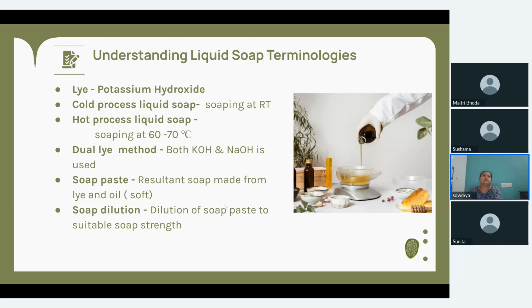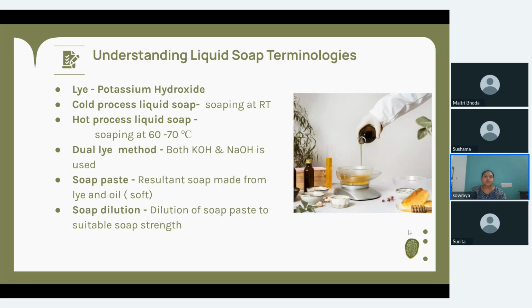There are certain calculations for that, which I will be teaching you in coming classes. So that is what we meant by soap dilution. Whatever soap we are getting, we need to dilute it into a suitable form so that we can use it as a liquid soap.